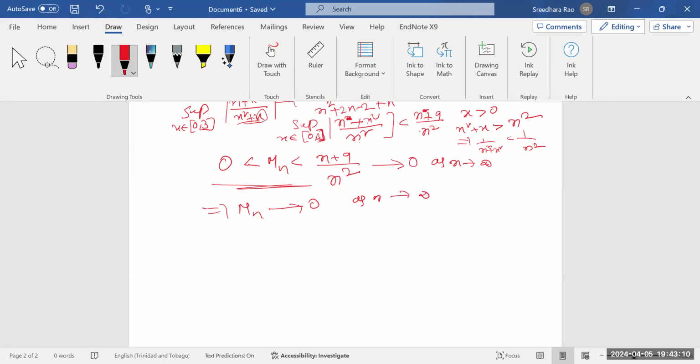Once Mn tends to 0, by the Mn test, your sequence of functions converges uniformly to a function f, which is the zero function on the interval 0 comma 3. This is how we check by getting the supremum.